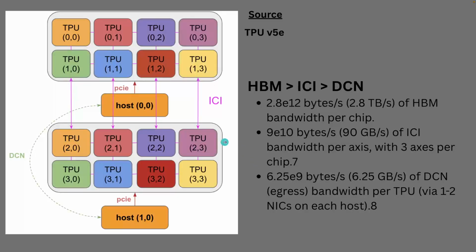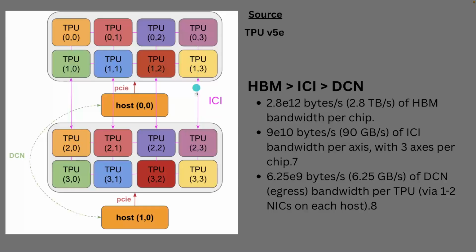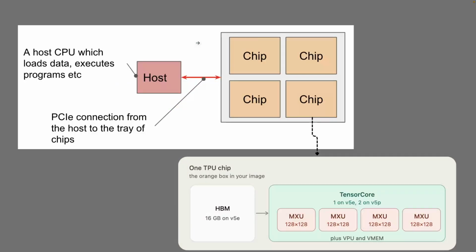Now coming to the bandwidth in a TPU, you have different compute units connected, and your host is from where you're launching the kernels, and this host can be connected by this DCN network, and across TPU units you are connected by ICI, and HBM is for each tensor core.